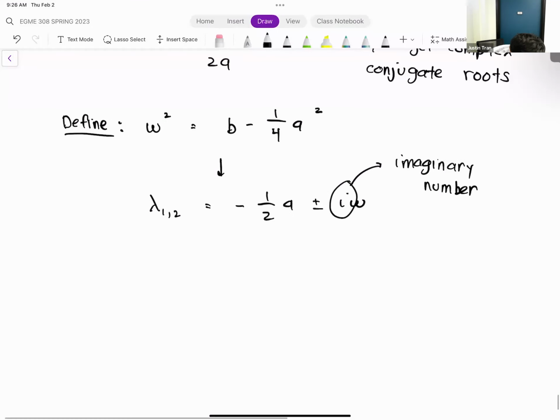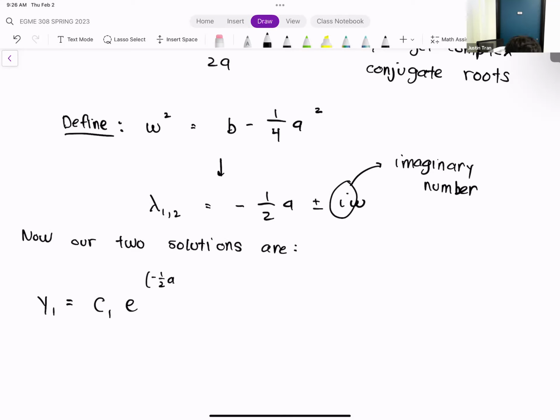And so now our two solutions are y1 equal to c1 e to the minus 1/2 a plus i omega times x, and y2 equal to d2 e to the minus 1/2 a minus i omega x.